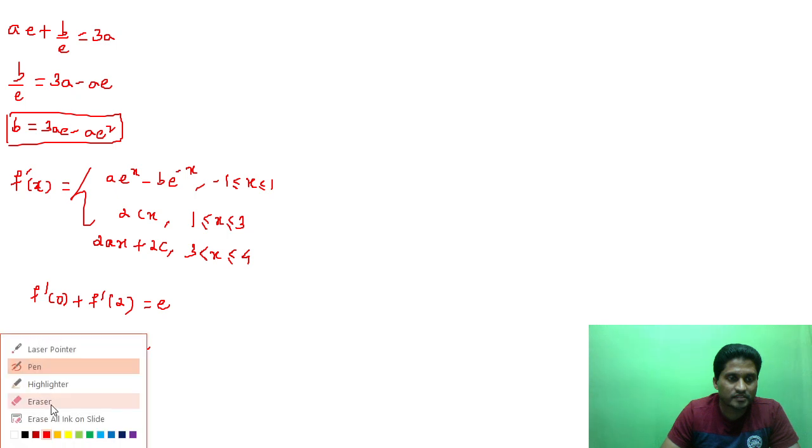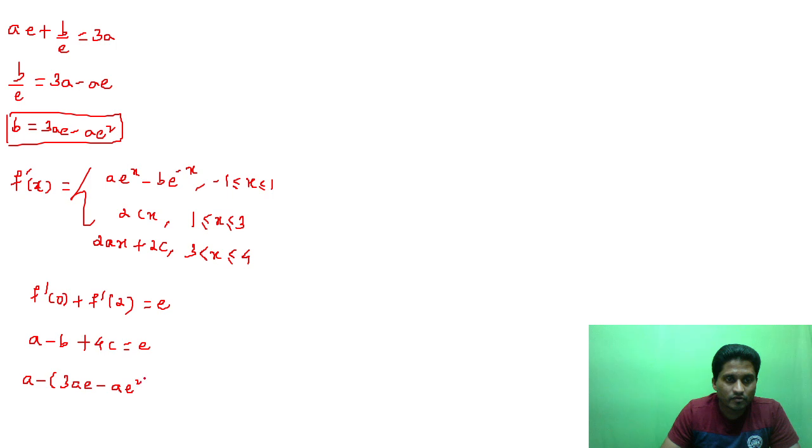Let me write this. So this is A plus Ae square, plus 4C. C value will be, C is equal to 3A, so this is equal to e.